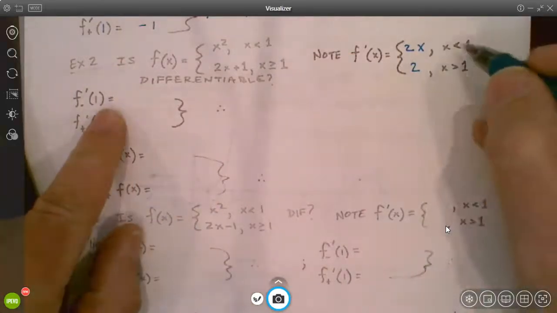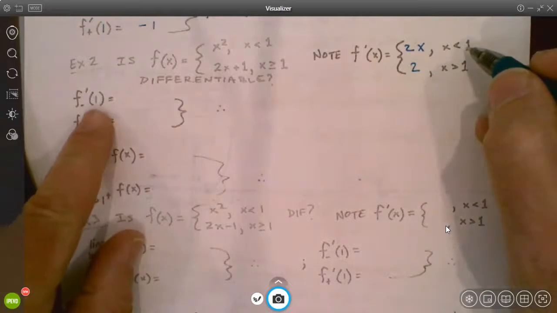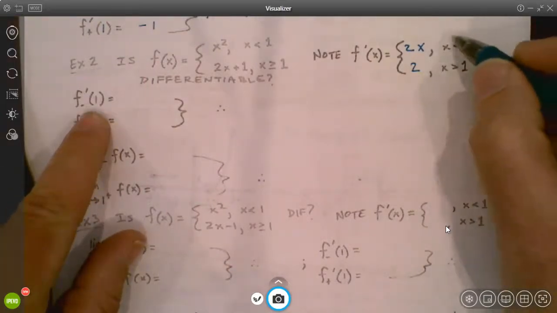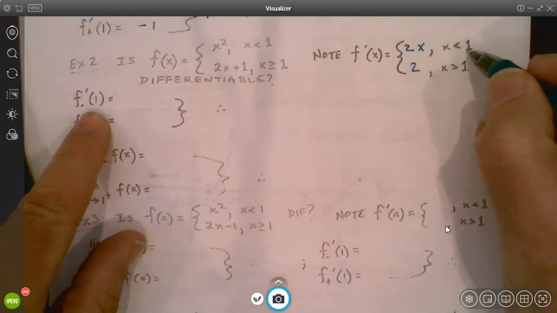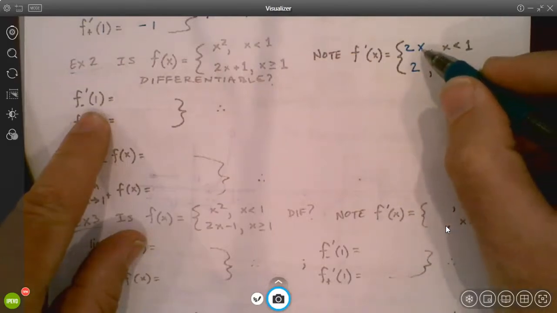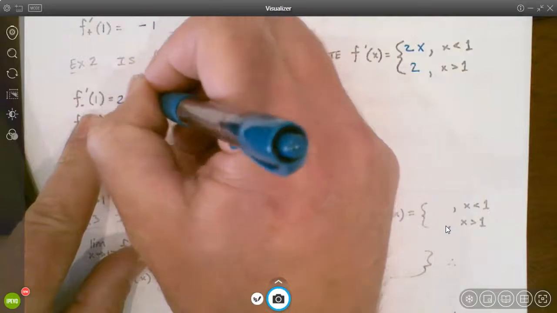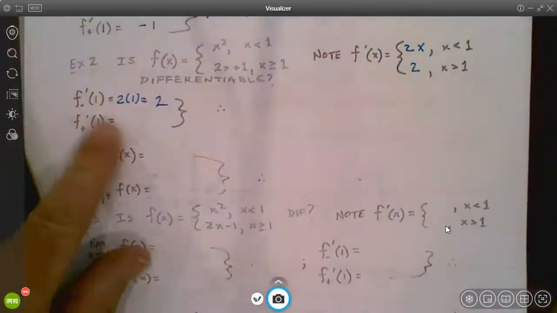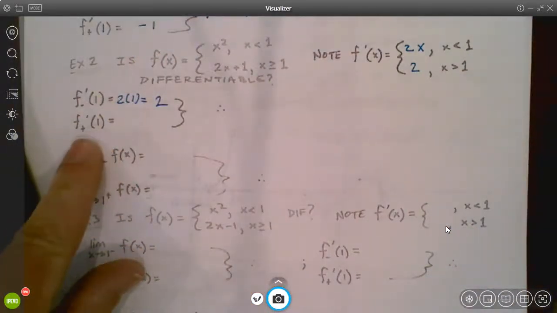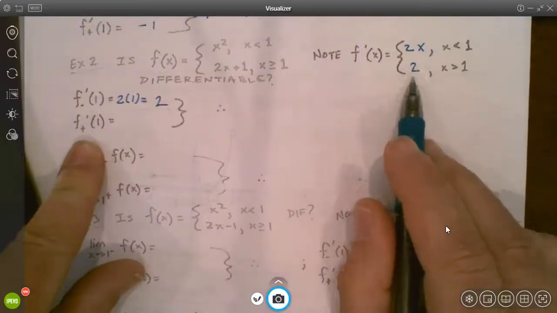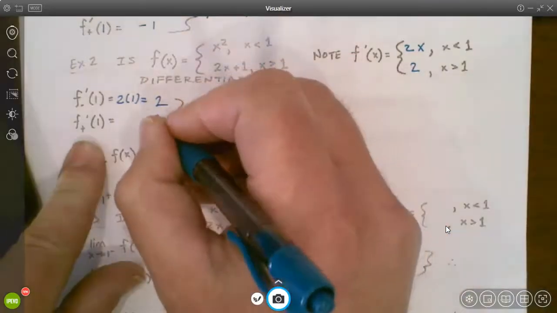For x's as we approach 1 from the left, which means I'm looking at x's that are less than 1, I'm going to plug into this function. If I plug in a 1 to this, I get a slope of 2. Well, what about as we approach 1 from the right? For x greater than 1, as we approach from the right, the slope is always 2.